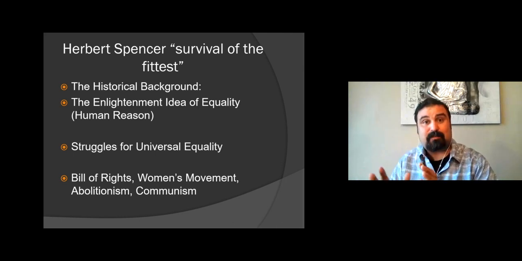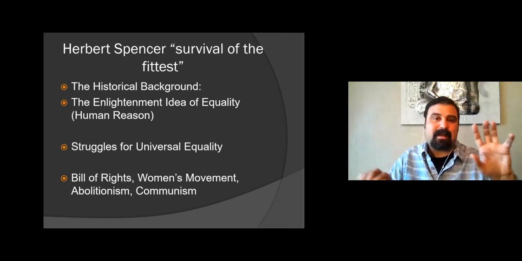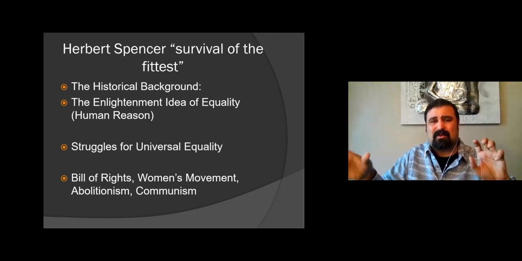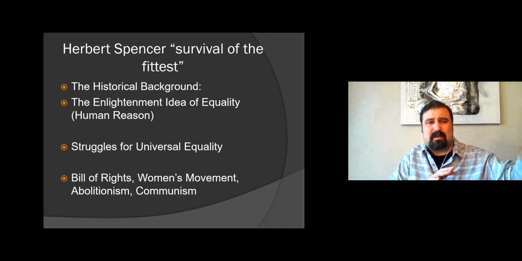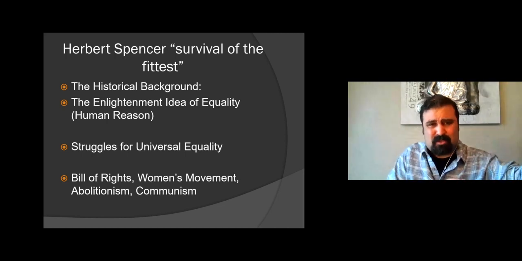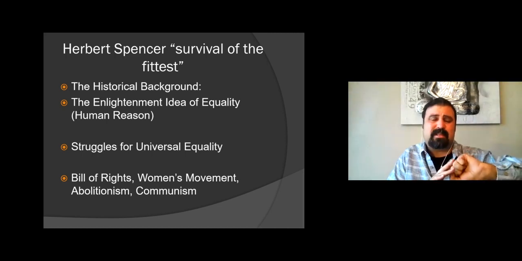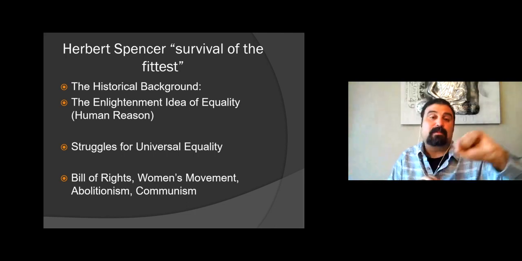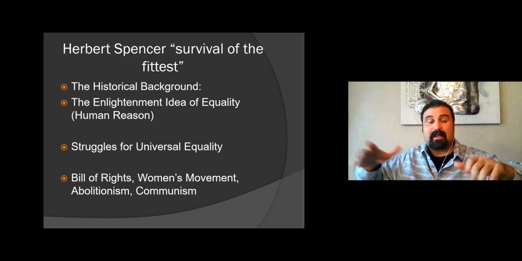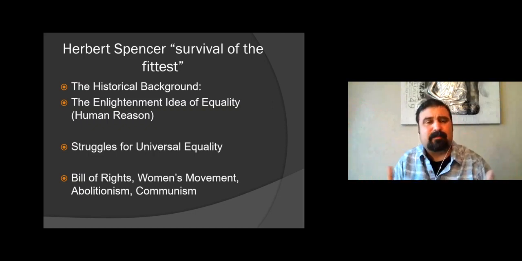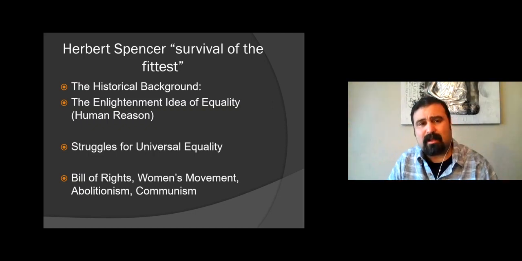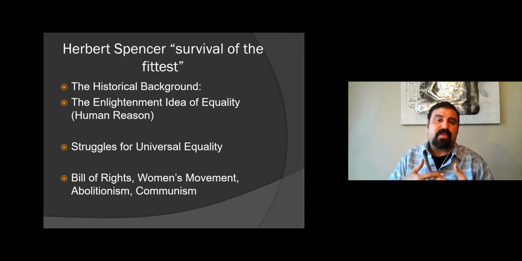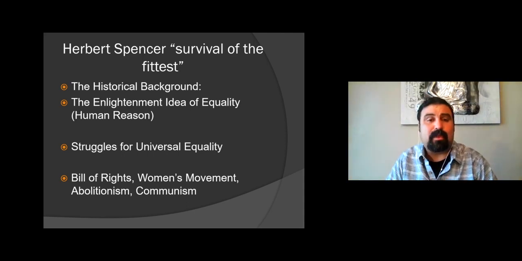So we see already the ideas of the Enlightenment having an impact in the way people are trying to free themselves from certain institutions like the monarchy, for example. They're trying to gain freedom from monarchies, from the church, from nobility, and they're trying to create a new state, a new kind of nation that is going to provide people with rights.